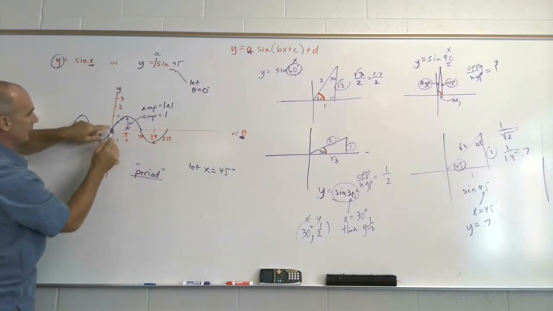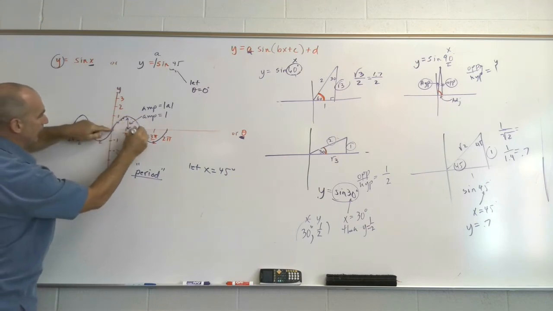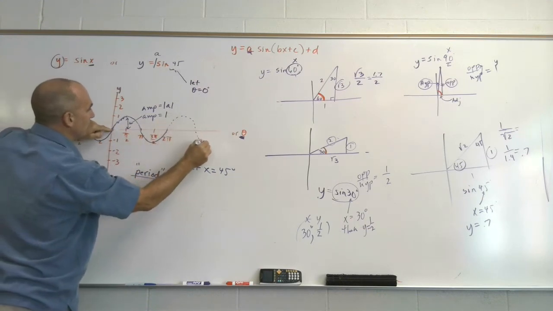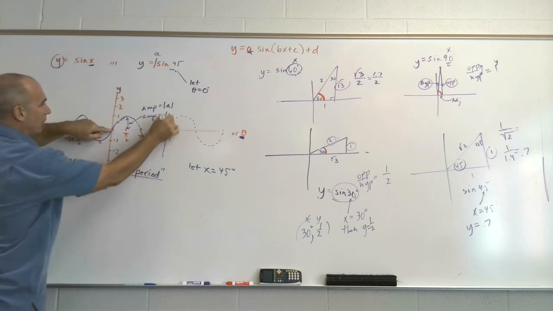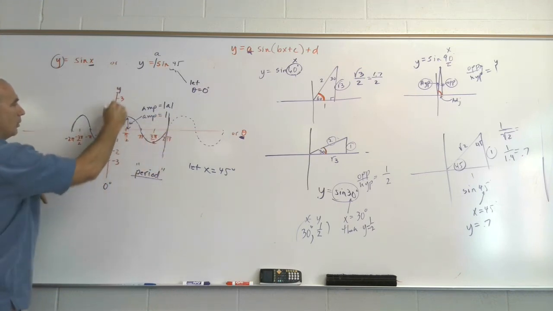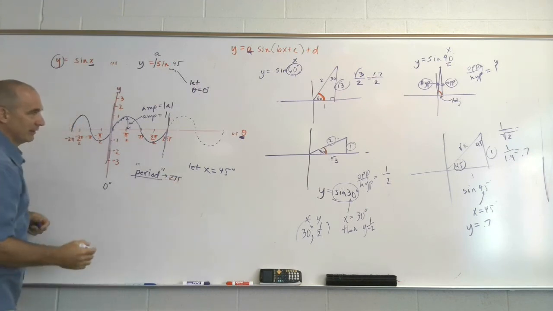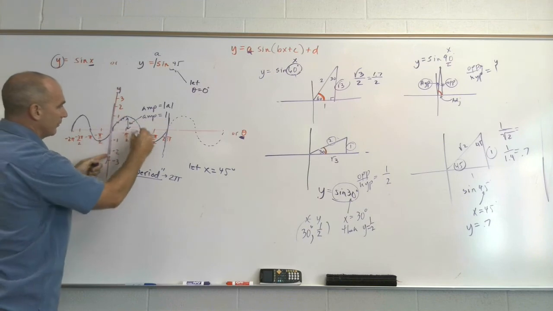Notice it starts here, and that's at 0 degrees, and it goes up, and it goes down, and it comes up, and it would just repeat that same thing. So this right here would be considered one period. A period would be 2 pi in this case. So there it is. It takes that long to go through one cycle.